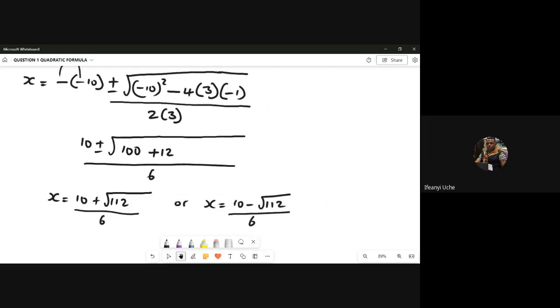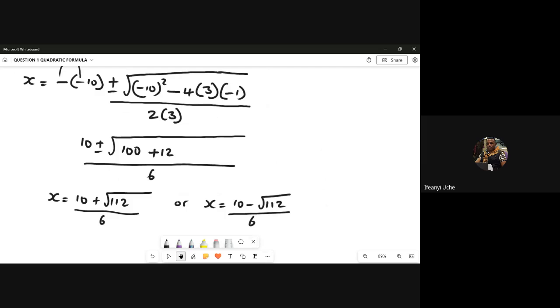Which is going to be x equals to 3,43 or x equals to -0,1. We can also confirm using our calculators as we have 10 plus √112 divided by 6.